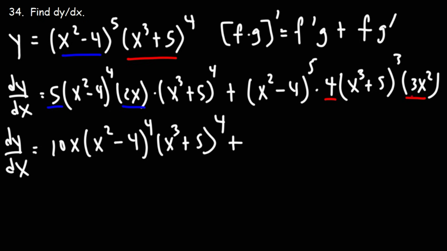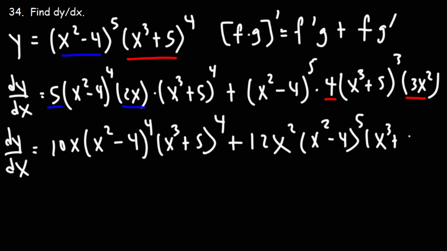Here we can multiply 4 and 3x squared. That will give us 12x squared, and then times x squared minus 4 raised to the 4th power, not the 4th power, but the 5th power. And then x cubed plus 5 raised to the 3rd power.